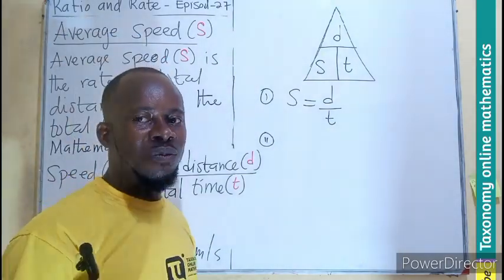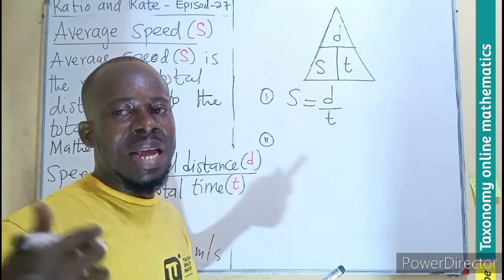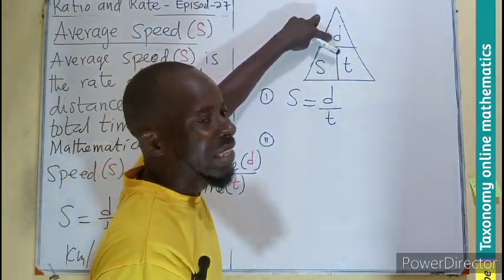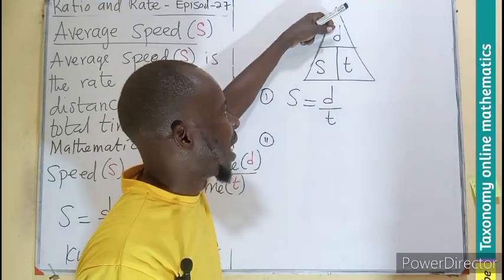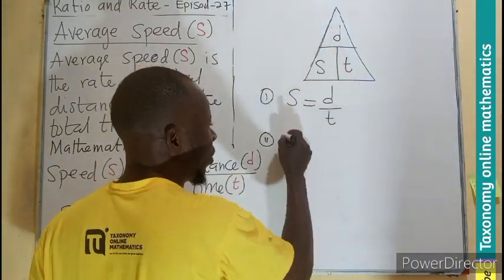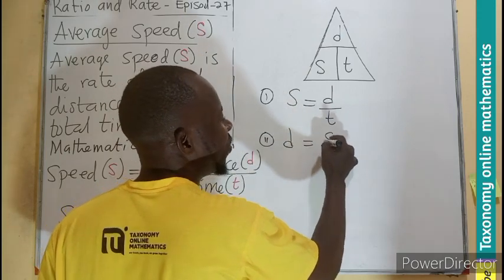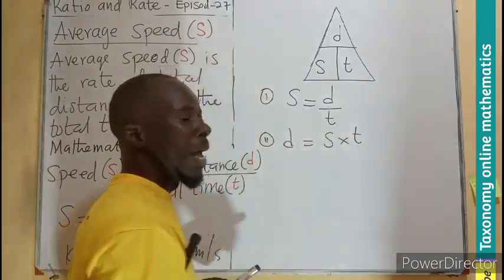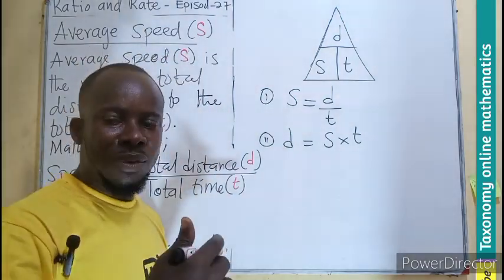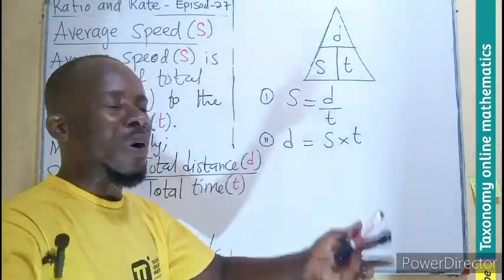Or if I am not asked to find the speed, but speed is given, time is given, and I am asked to find the distance. So I am taking distance as here. Distance is equal to this times this. This is not division. So your distance becomes the speed times what? Time.